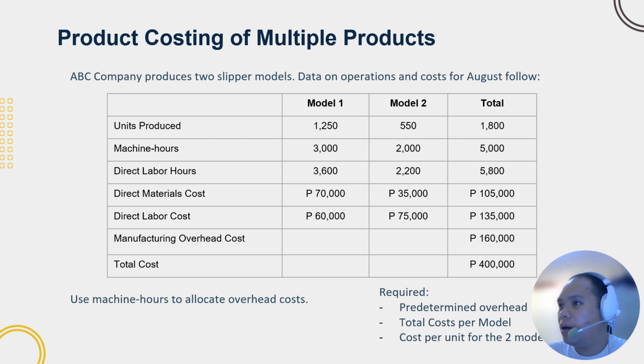E di man nato makuha ang total cost niya o cost per unit if wala pa tay na allocate diri isa-isa sa ila for manufacturing overhead cost. Okay? So again, we will use machine hours. Example lang na siya, depende na sa company kung sa ilang allocation base ang buhaton. But in this scenario, we will use the machine hours to allocate overhead cost.